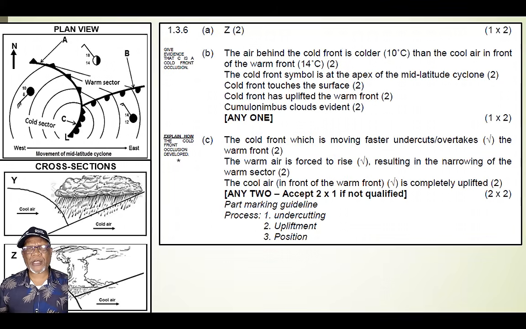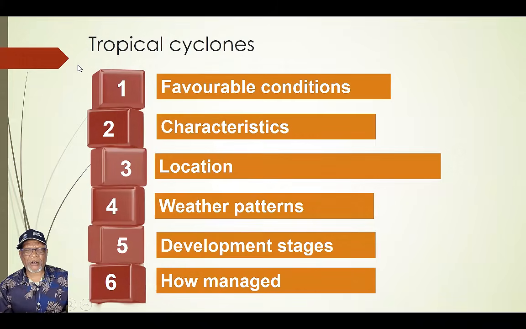It's going to go beneath the warm front, and it's going to uplift the warm front completely from the surface. So that is how it's going to happen. Because of the steeper gradient, it moves faster, and then when it moves faster, it undercuts the warm front, and then after undercutting it, it completely removes it from the ground. Now, let's move quickly to our tropical cyclones.